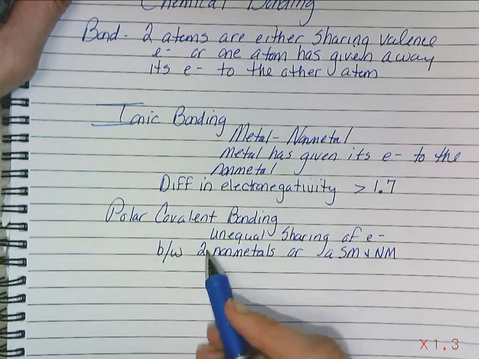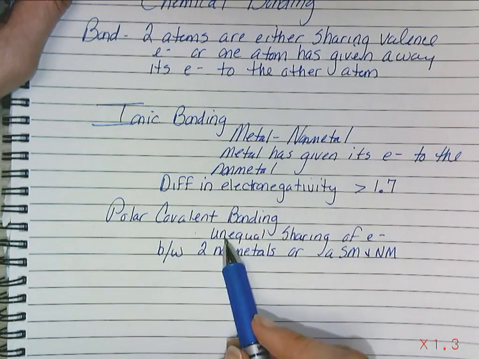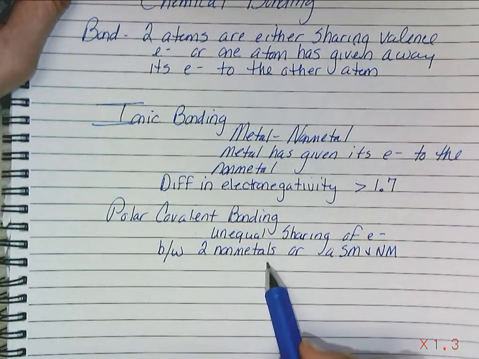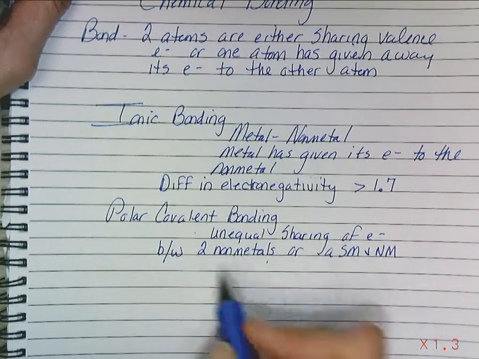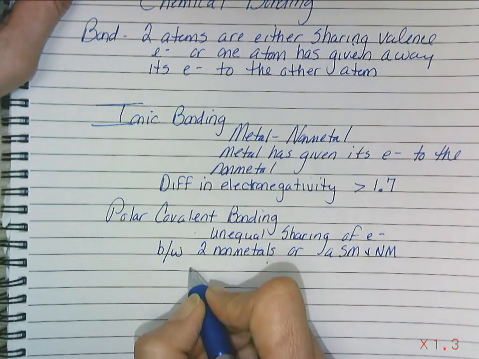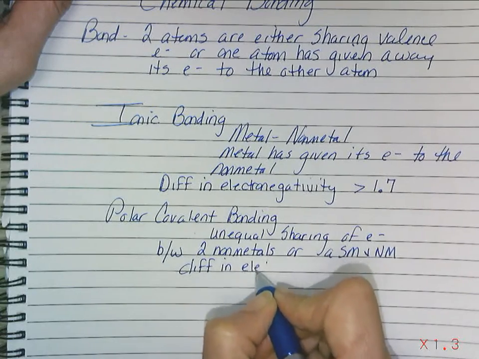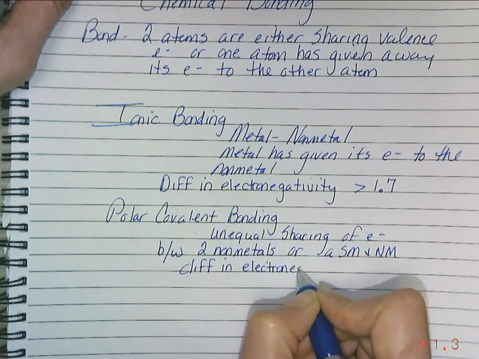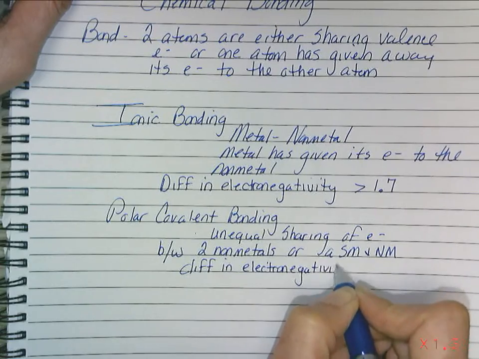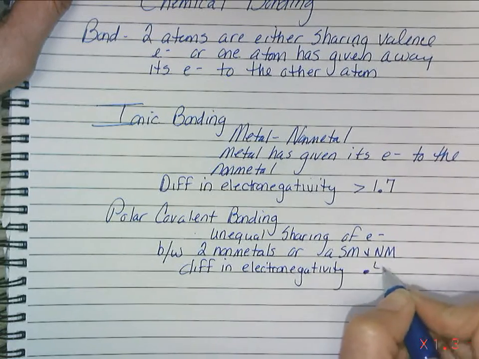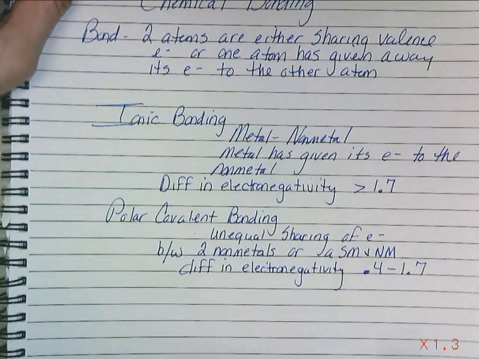What happens is the one with the greater electronegativity is going to hog the electrons more. So we're looking for an electronegativity difference to be between 0.4 and 1.7.